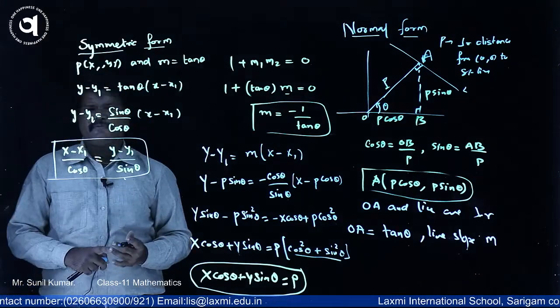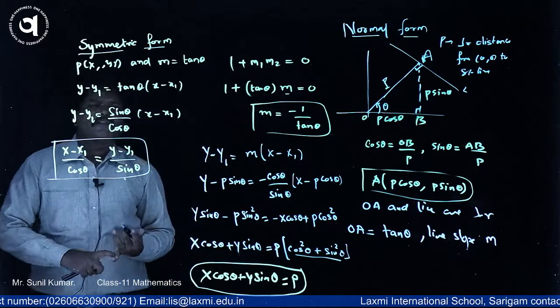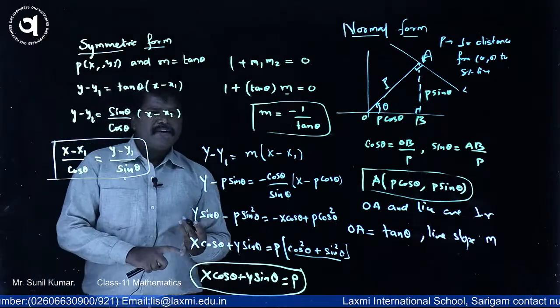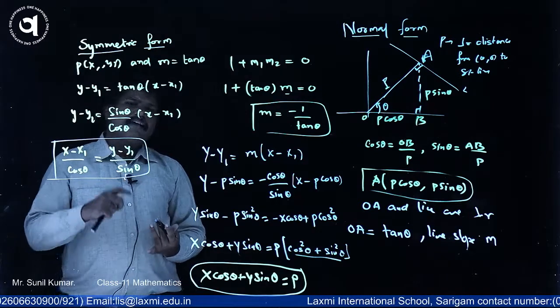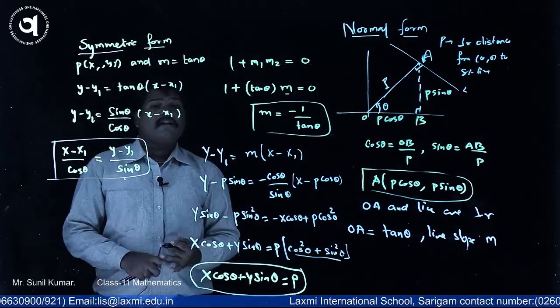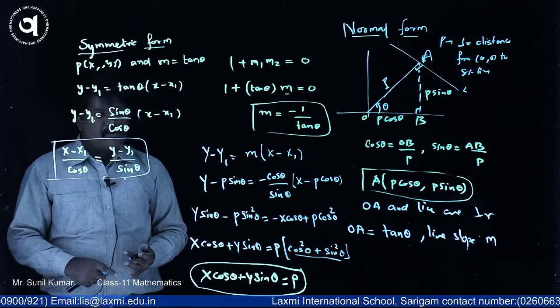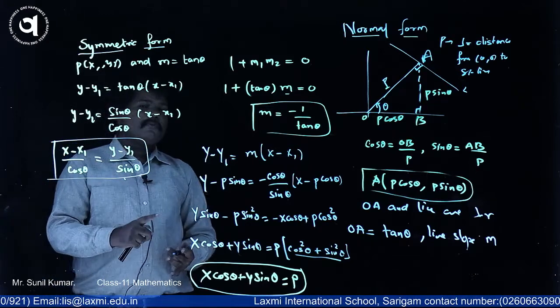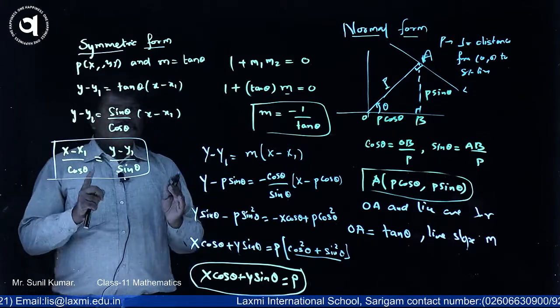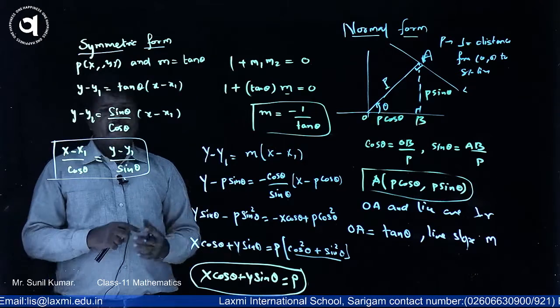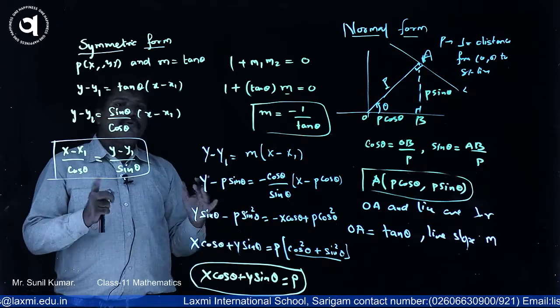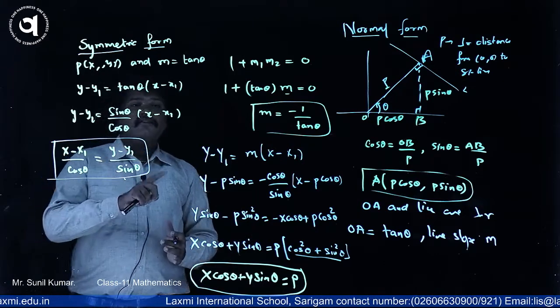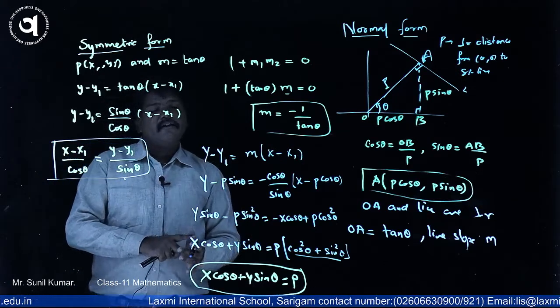So, we have how many forms of a line? In the first video we discussed the general form of a line in class 10, then we discussed horizontal line, vertical line, slanted line. After that, we went for the equation of line passing through origin and having slope. The second is equation of line having 2 points, then we have point and slope, and we have intercept form, both x and y, then we have intercept and slope.